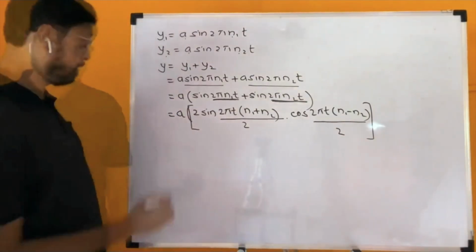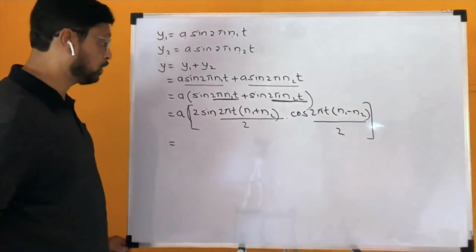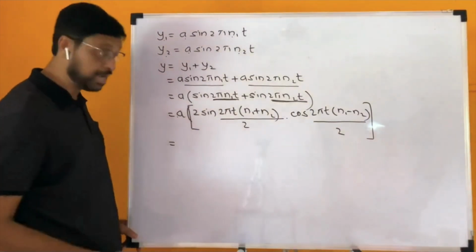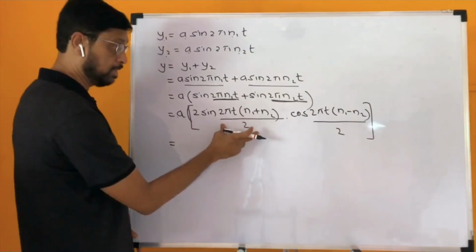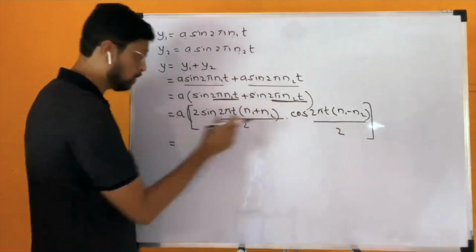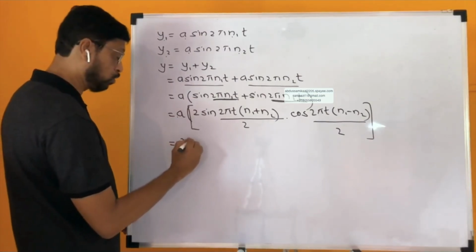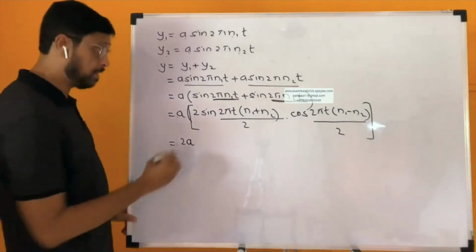Check this once. So that will be equal to, now this A you can take inside. This is x into y, so there is no need for this bracket. So A into 2 will become 2A, right?